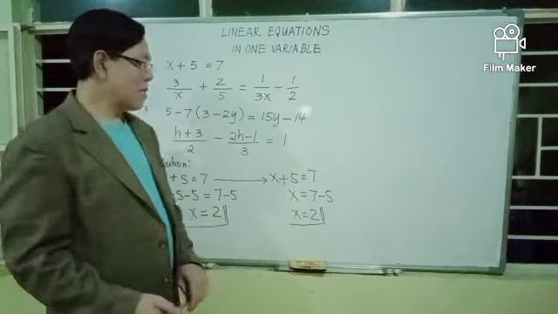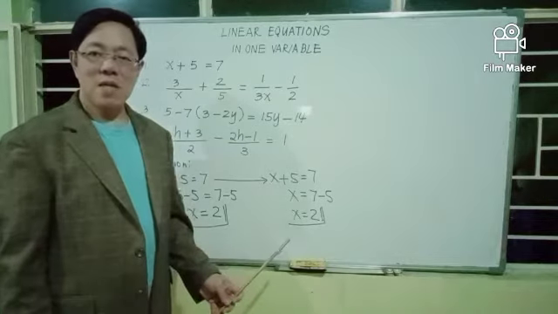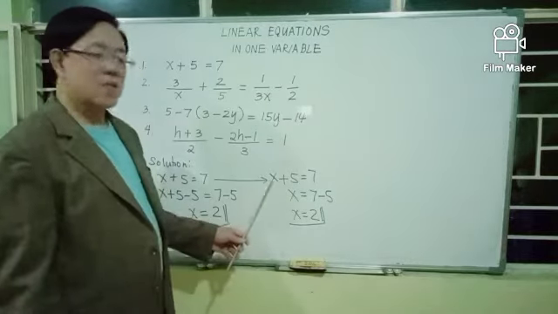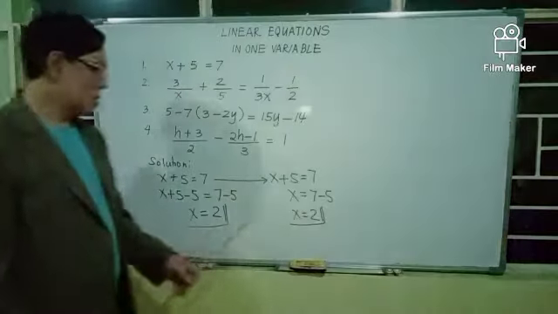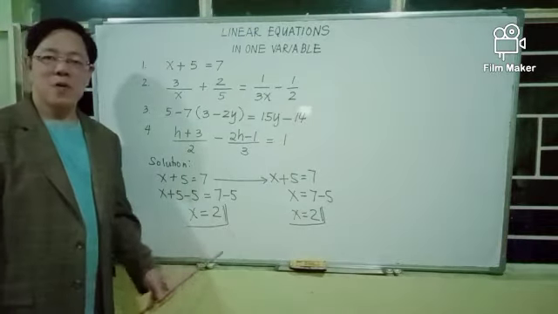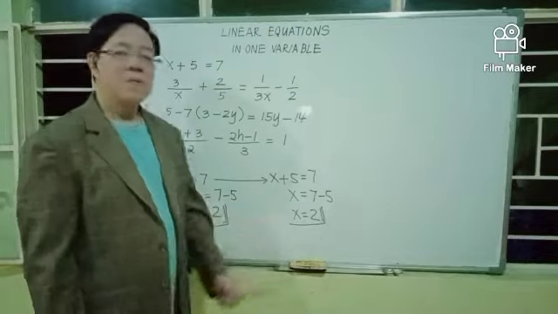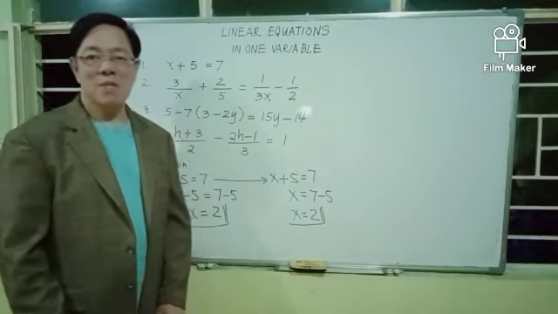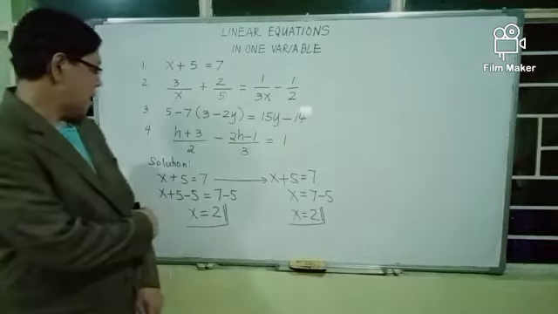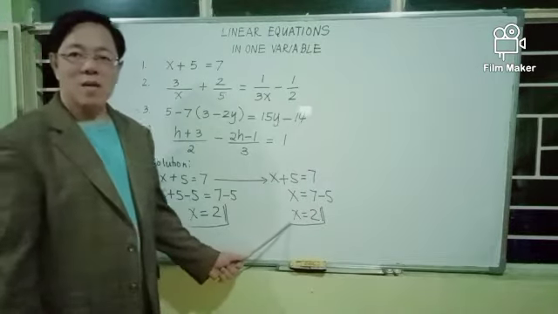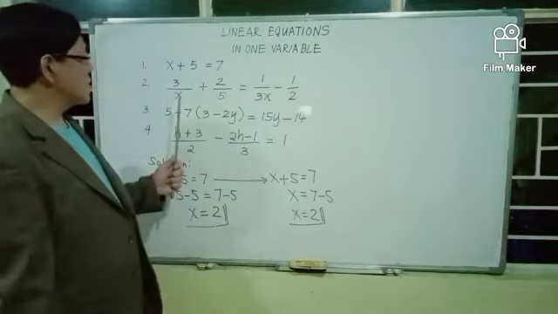As I said earlier, you obtain the same solution if you use the process of transposition instead of using the property of equality. Now, most people prefer to use transposition because it saves them time and they get the same solution. Now, we solve number 2.